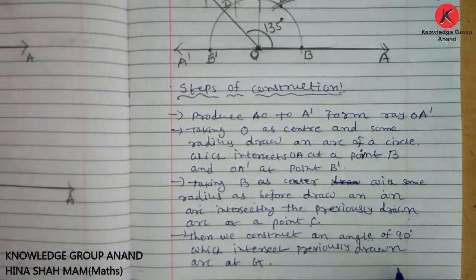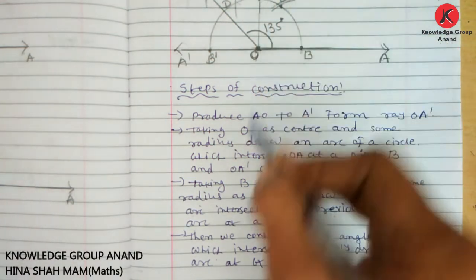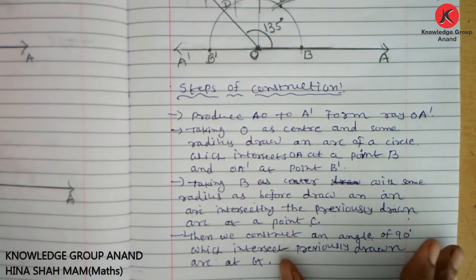Then we construct an angle of 90 degrees which intersects the previous arc at G.